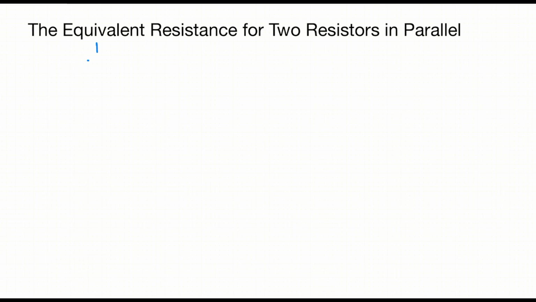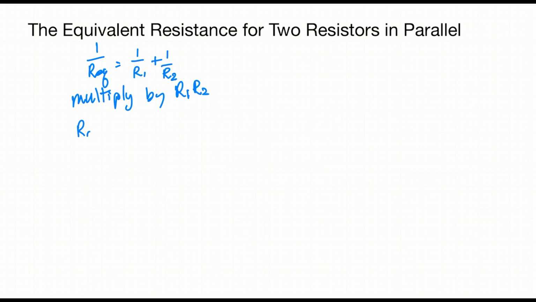If we start with the equation 1 over R equivalent is equal to 1 over R1 plus 1 over R2, the first thing we can do is multiply both sides by R1 R2. So we get R1 R2 over R equivalent is equal to R1 R2 over R1 plus R1 R2 over R2.